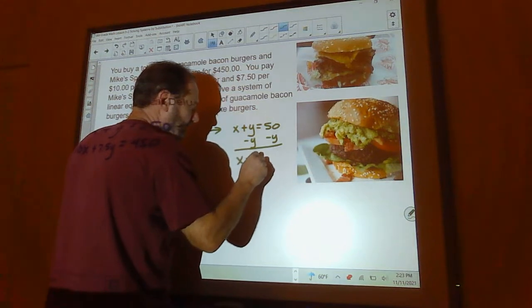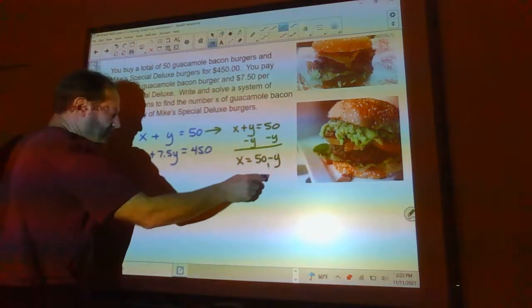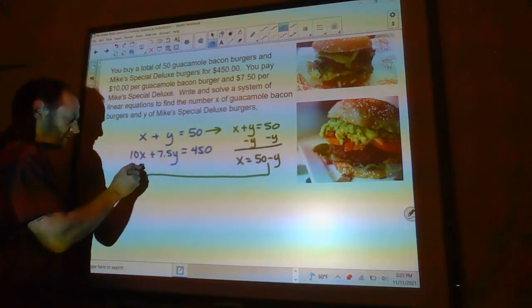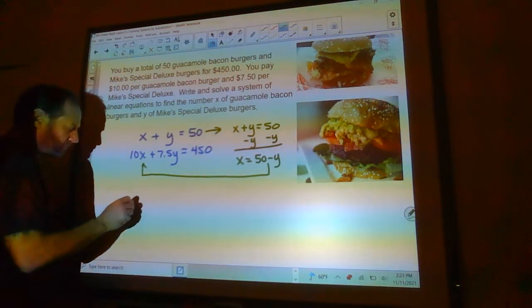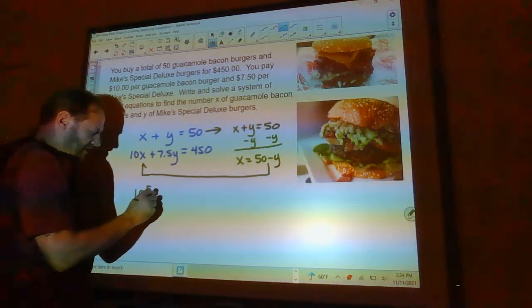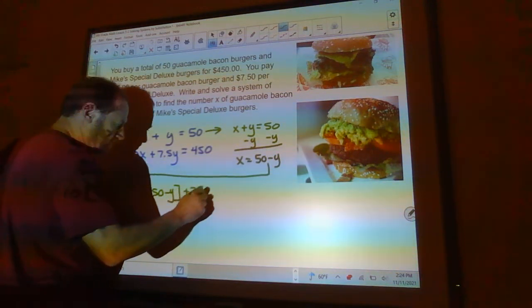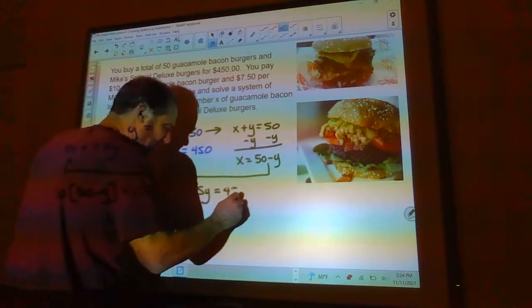I would get x equals 50 minus y. Okay, so we'll take this, and we'll substitute it in here, because I'd rather multiply by 10 than 7.5. So 10 times 50 minus y plus 7.5y is 450.